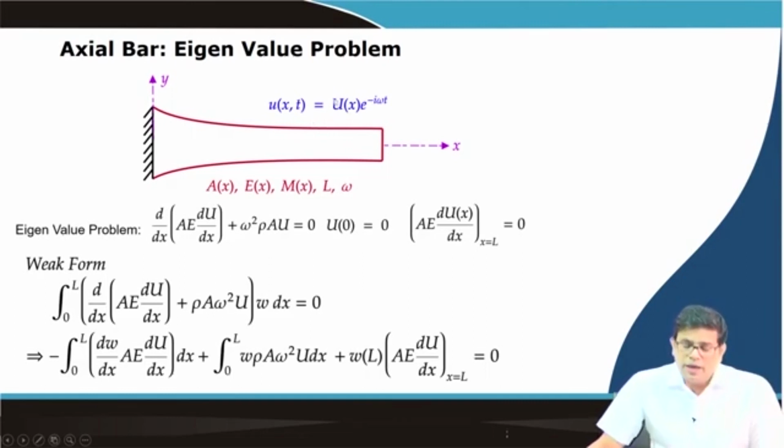So in a periodic function I can use the variable separation. This variable separation means u(x) and e to the power minus i omega t, which is a periodic function composed of sine and cos. So I assume that this is a steady state solution, so there is a free vibration problem.